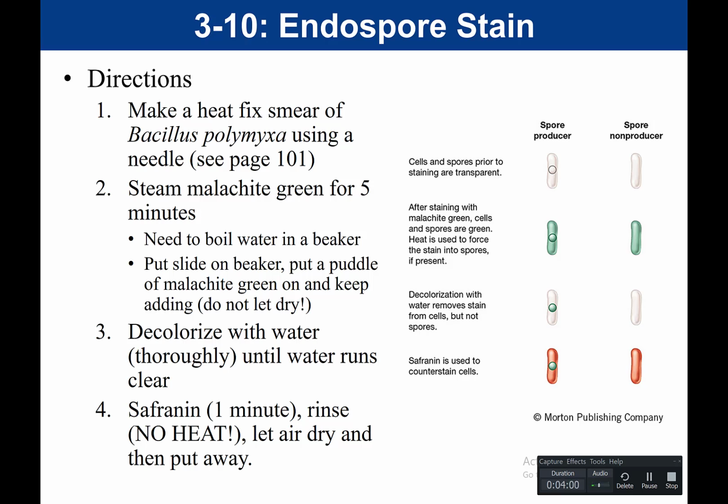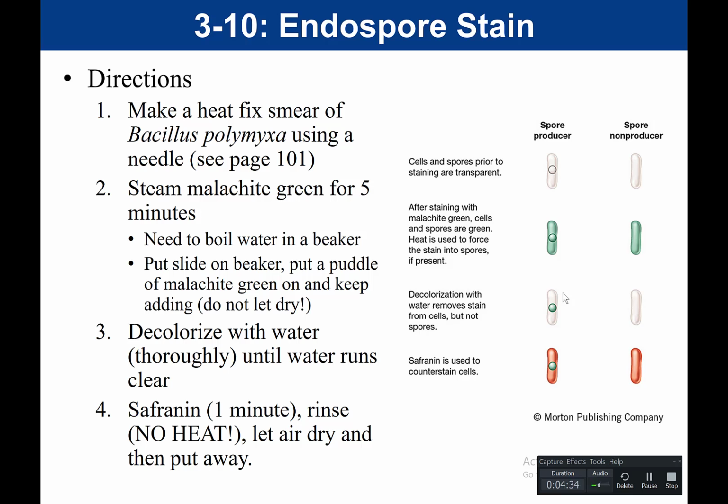You should know this diagram. Basically, the general understanding of when we apply the malachite green is that both endospores and vegetative cells will stain green. When we decolorize, you don't have to remember that you decolorize with water, but you should know that if you decolorize, the endospore will stay green, and the vegetative cell will become colorless, meaning that the dye will come out. And then you should know that we use safranin as a counterstain.